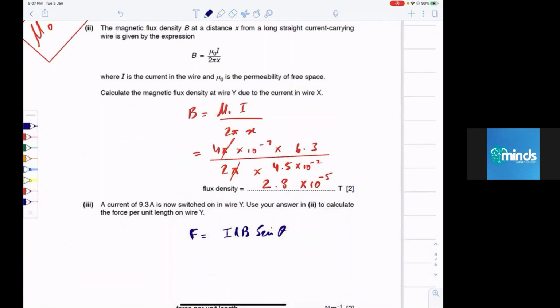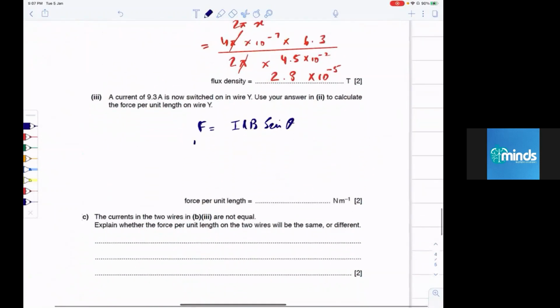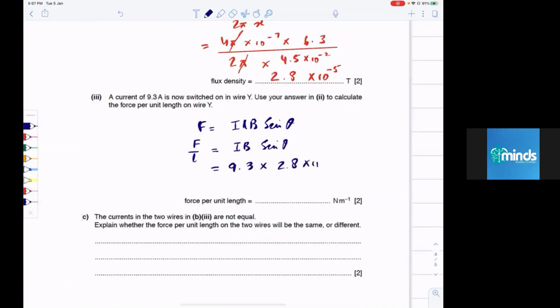Now, what do we need to calculate? We need to calculate force per unit length. So it will become F over L equal to IB sin theta. Current is 9.3, B is 2.8 exponent minus 5, and theta is 90 degrees.